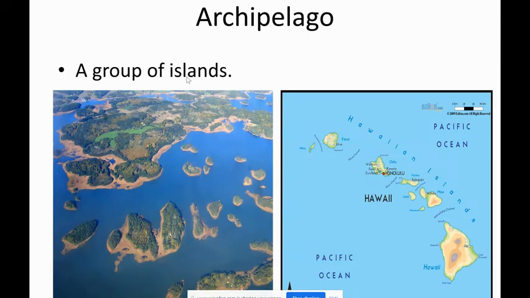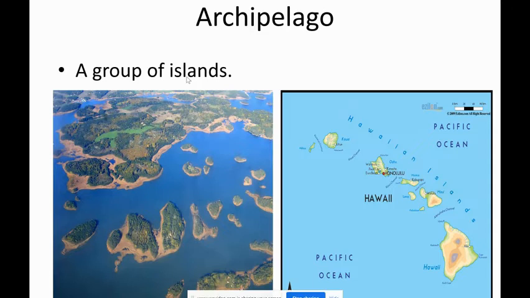Now, what happens if we get a group of islands together in a place? We call that an archipelago. Please try not to mispronounce it. It is pronounced archipelago. An archipelago is a group or chain of islands. You guys probably know that one of our 50 states is an archipelago, and that's the state of Hawaii, as you can see on the right-hand side.